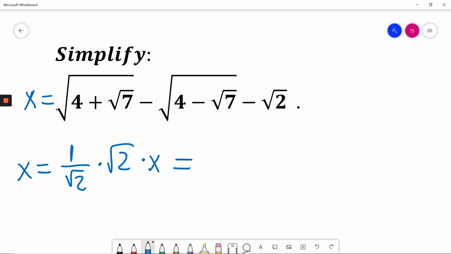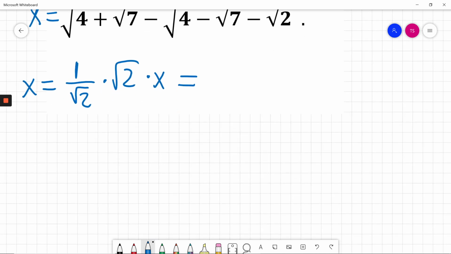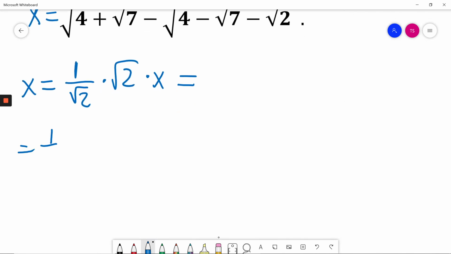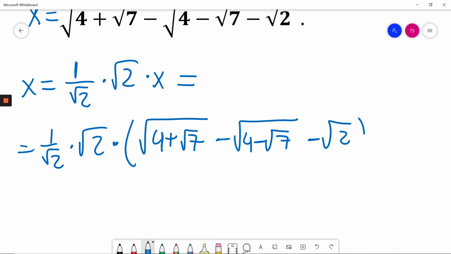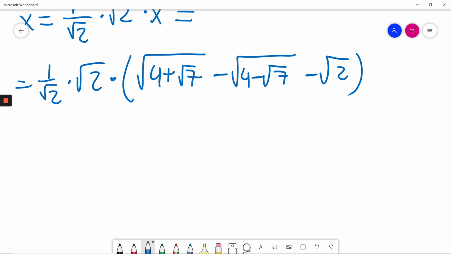So this will be equal. Now I will multiply that square root of 2 by 3 terms.